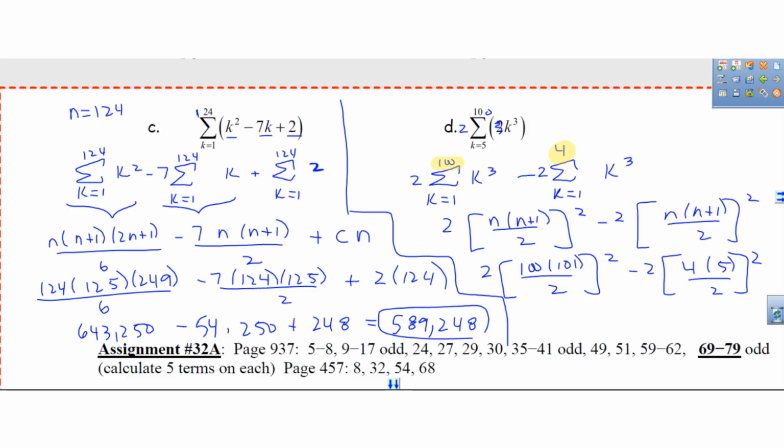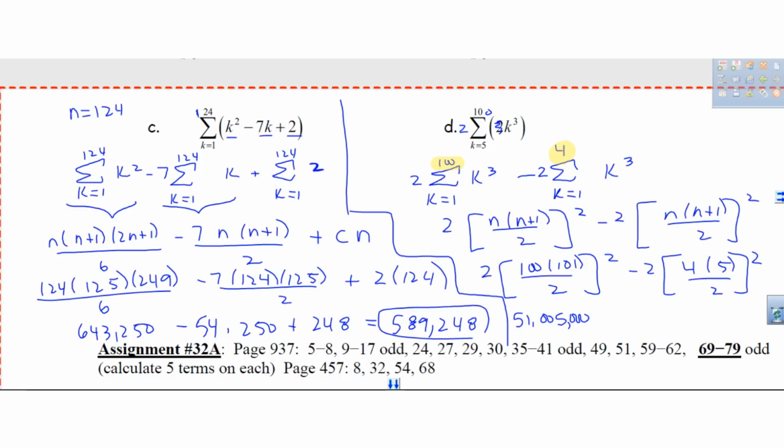So I'm going to go 100 times 101 equals, divided by 2, I get 5,050. I'm going to square it and times it by 2. I get this huge number, 51,005,000. Add them in, 51 million. Do the next one. 4 times 5 is 20. Divided by 2 is 10.